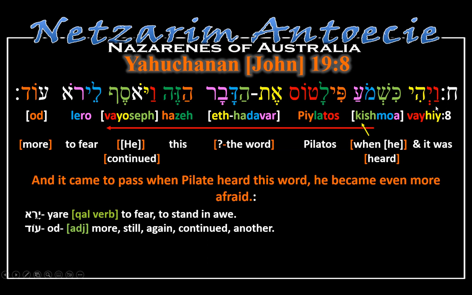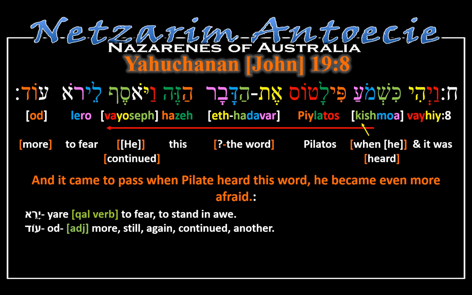So now let us read that. Vehi, and it was. Often they'll translate it, and it came to pass. But it can also be just, and it was, because of course the root of that is haya, to be, right? And it was kishmoa. Now the kaf is often when or like.